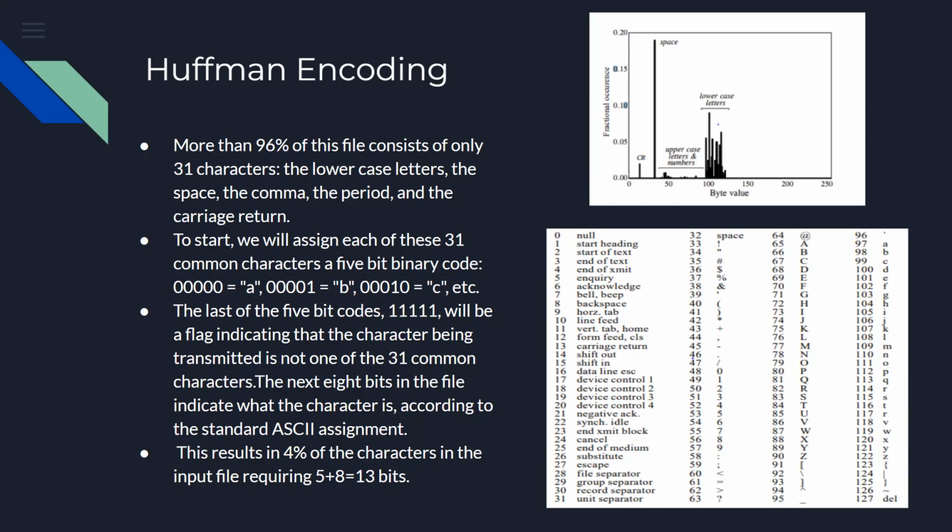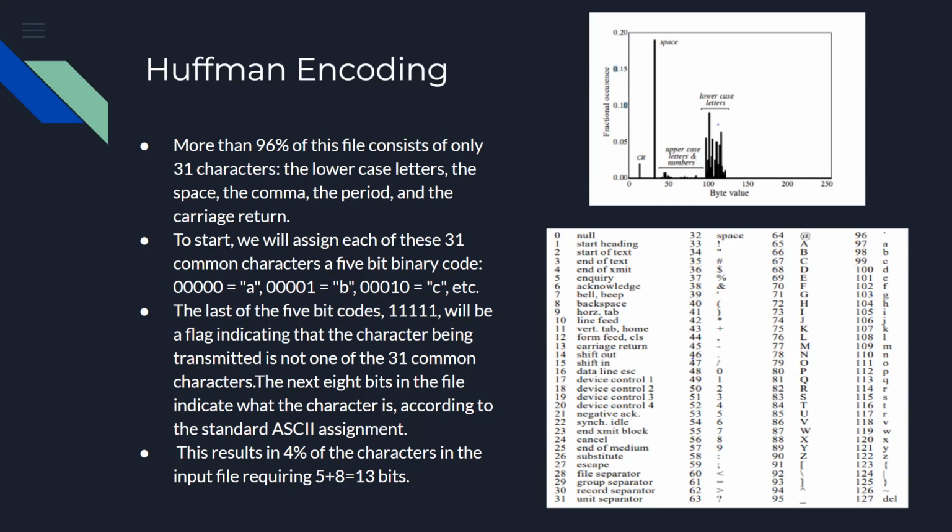We have used 5 bits for A, so there are a total of 32 combinations. We'll use the first 31 combinations for these characters, and the last combination, which will be 11111, as a flag, which will indicate that the character being transmitted is not one of the 31 common characters which we have distinguished. So the next 8 bits in the file indicate what the character is.